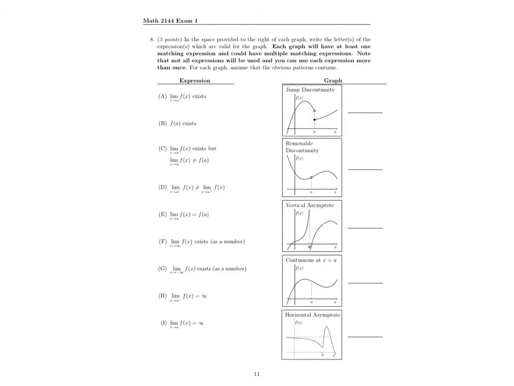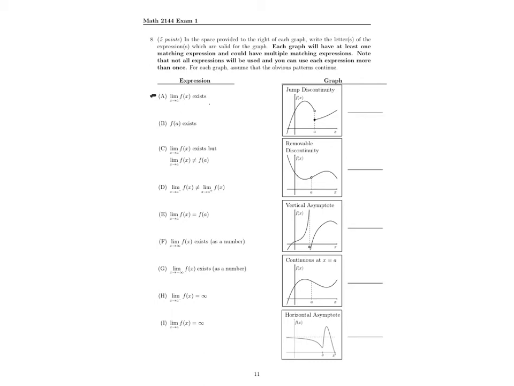All right, so for this one, I have a lot of different things here. Let's start with A, and we're going to find all the pictures for which that limit exists. For the two-sided limit to exist, we need the right and left-hand limits to be the same.